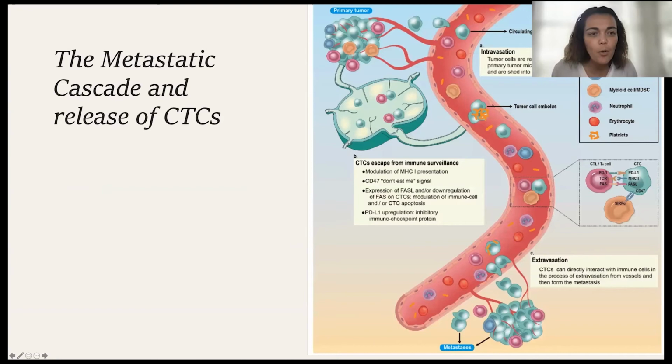And I just wanted to show you what I mean by that, just from understanding how cancer cells get on the move. So basically, the dissemination of a tumor cell into circulation is the first step in the metastatic process. And this process is often referred to as the metastatic cascade and involves the release of circulating tumor cells.